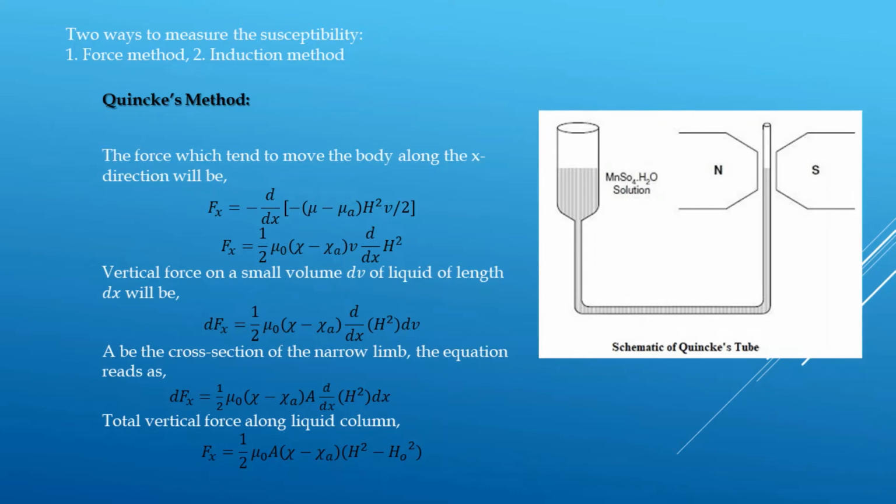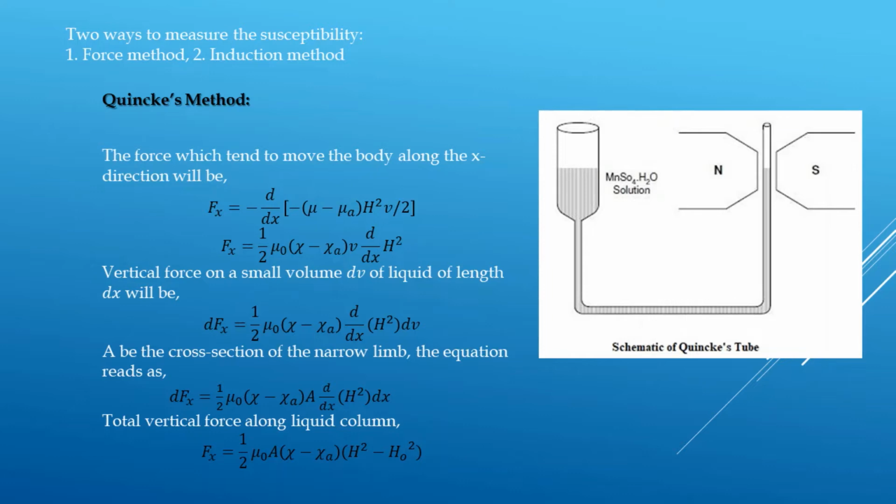So the total vertical force along the liquid column, taking the whole region under the magnetic field, would be half into mu 0 A into chi minus chi a multiplied by h square minus h0 square. What is H?